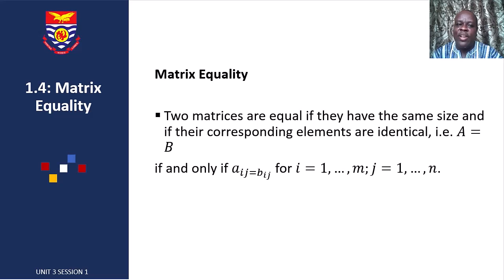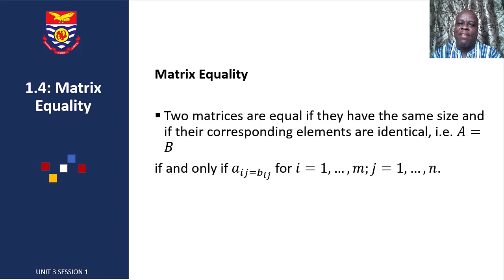What this means is that for any 2 matrices to be equal, the order of the 2 matrices must first of all be the same, and then the number of elements must be the same, and then the kind of elements must also be the same.